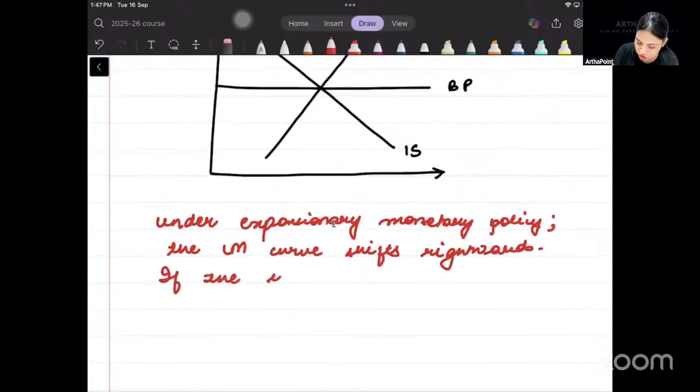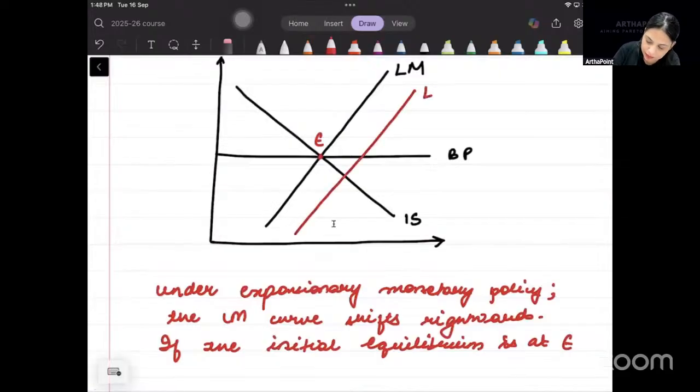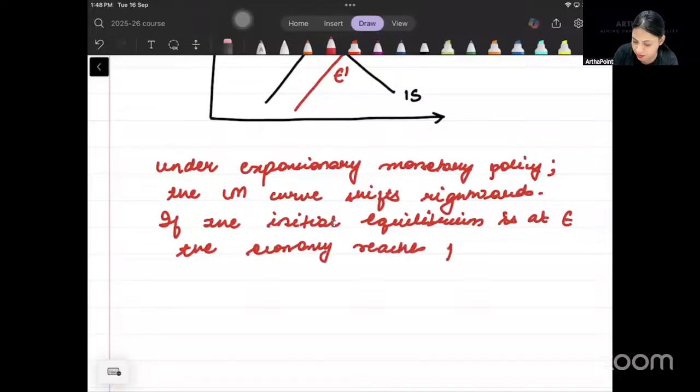If the initial equilibrium is at E, I can mark this point at E. The economy reaches point E dash.